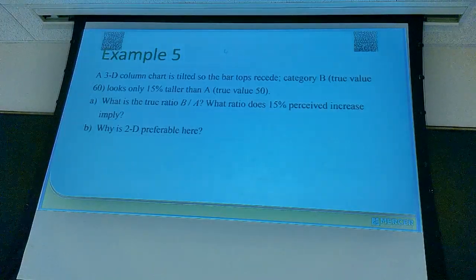And so category B has a true value of 60, but looks only 15% taller than category A, which has a true value of 50. What is the true ratio of B to A? Yeah, that's easy, right?